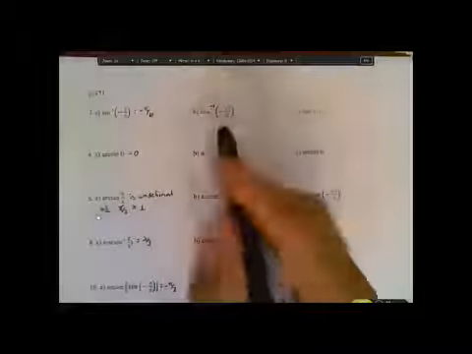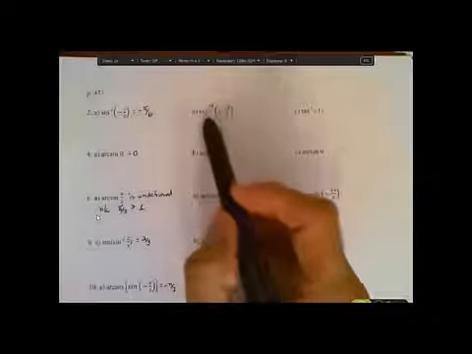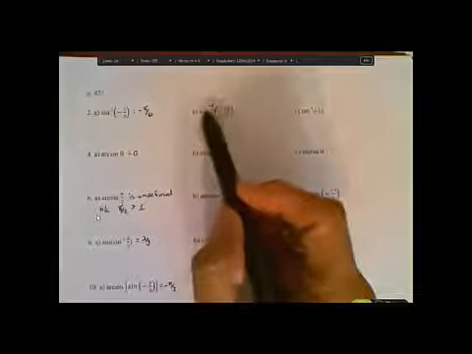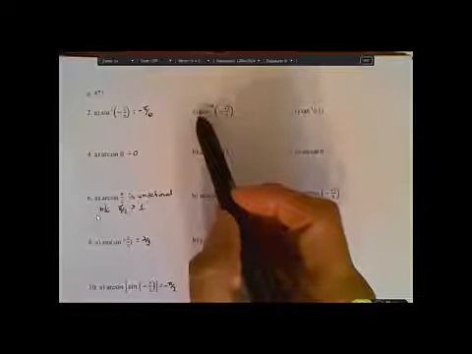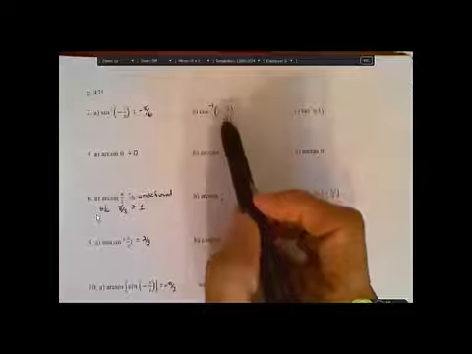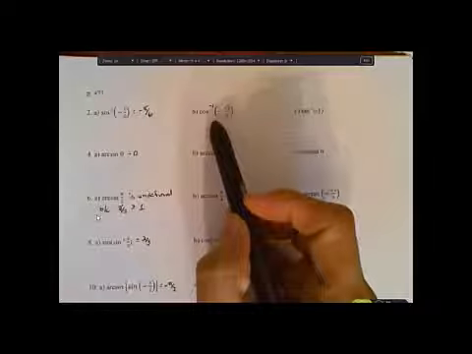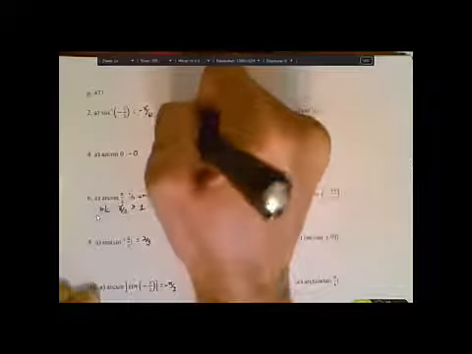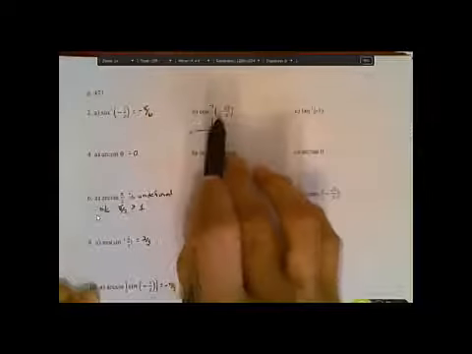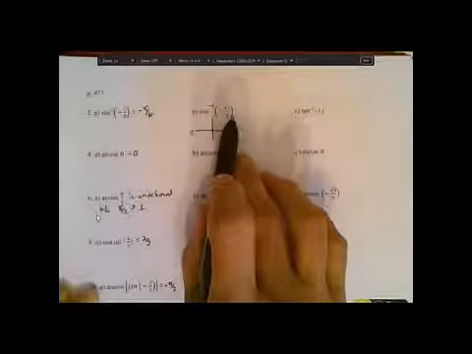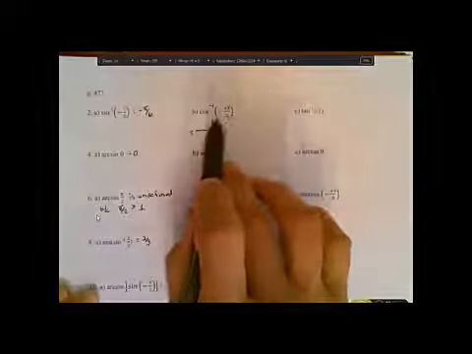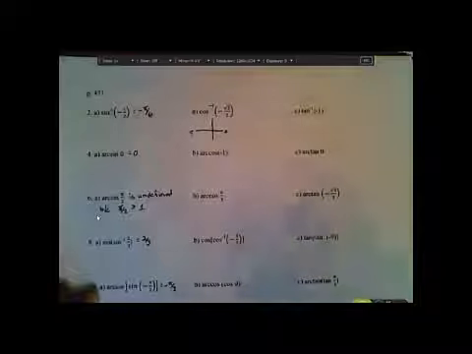On number 2, I think I had a typo there. I changed it. It didn't look like inverse cosine. It looked like cosine minus 1. But inverse cosine of negative square root of 2 over 2 means I'm looking for an angle between 0 and pi where cosine is negative square root of 2 over 2. Well, we know cosine is negative square root of 2 over 2 at the multiples of 45 degrees.